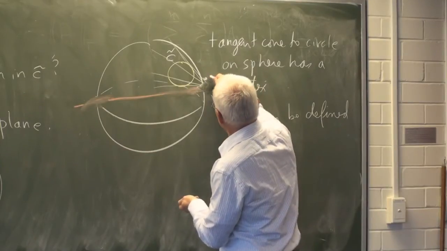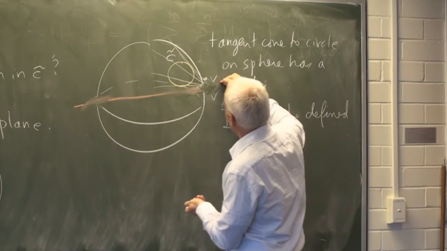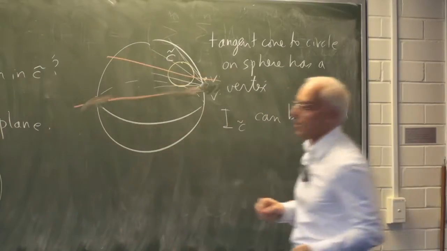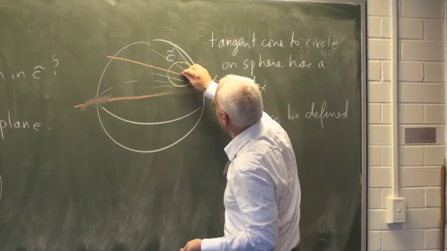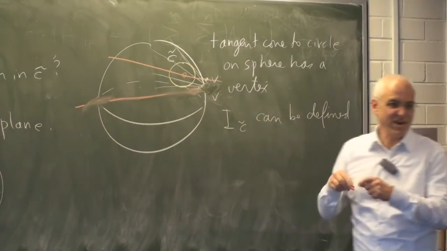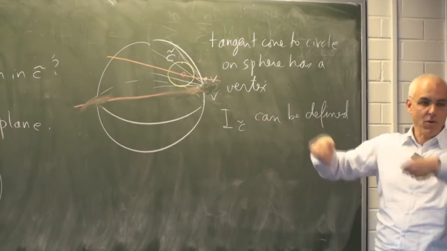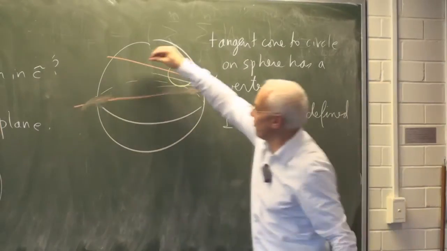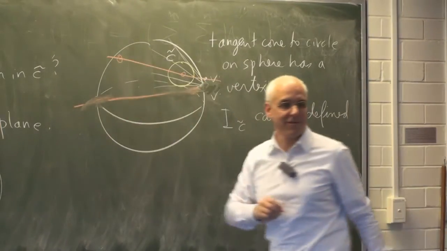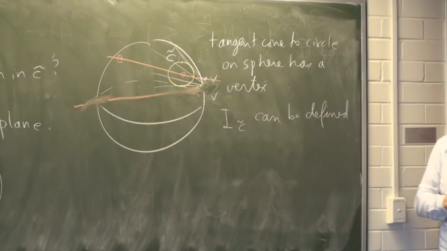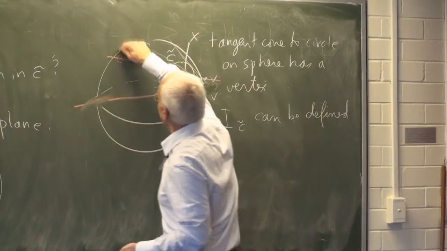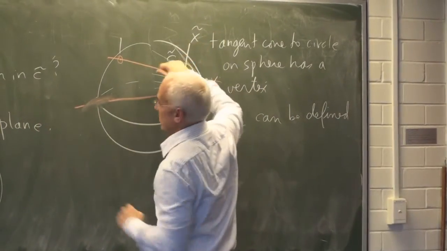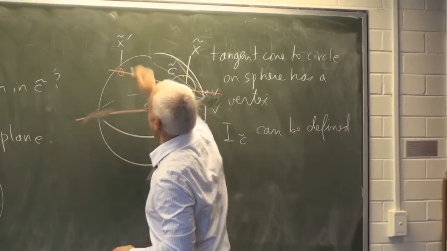The vertex should probably be here, and I will draw the line like this. It will intersect the sphere in 1 point inside the circle and 1 point outside the circle, perhaps around the other side. And that defines a mapping between the point x, or maybe x tilde to make it match, and the point x tilde prime.